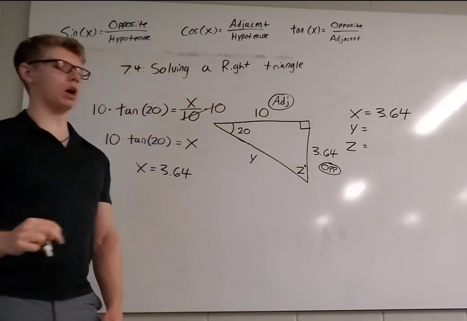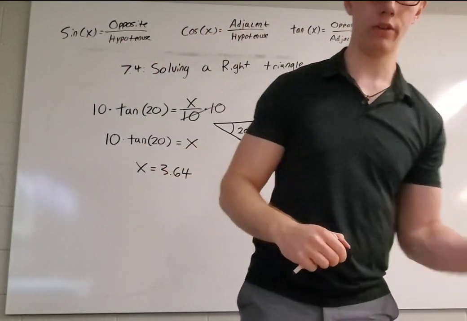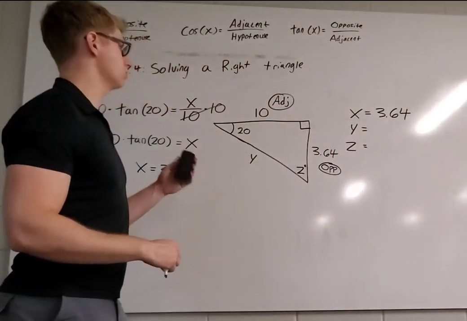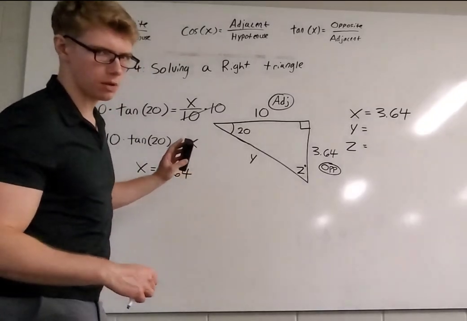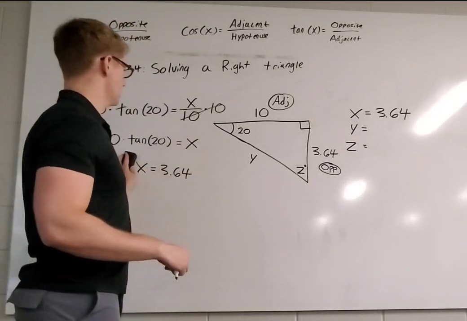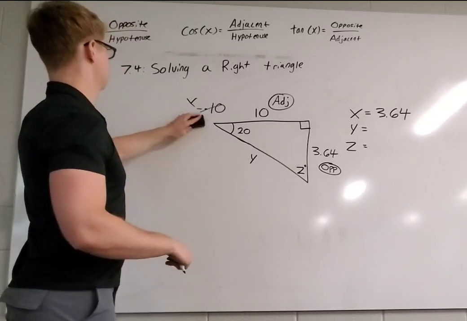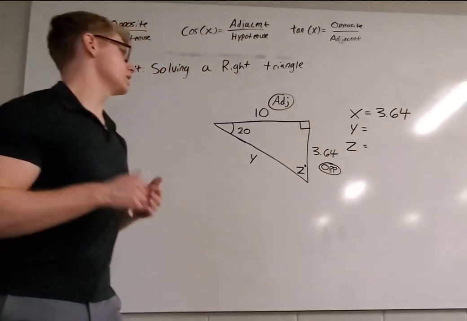Now we need to solve for y. Now, we could do this the more challenging way, which is using the ratios and solving for y. I'm going to erase this, so if you want to take a picture or write it down, you should probably take a picture. We can do this the easy way or the hard way.